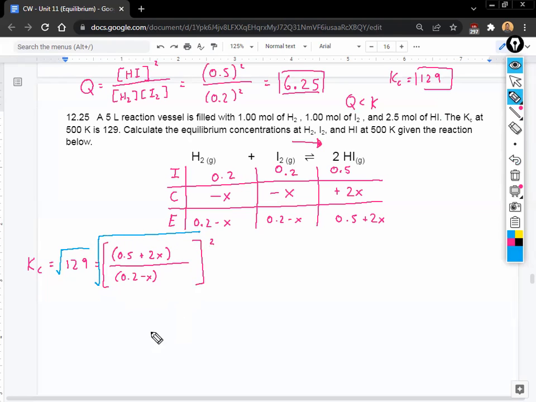And if we find the square root of both sides, we can simplify this as the square root of 129 equals 0.5 plus 2x divided by 0.2 minus x. So if we do that, we don't need to do the quadratic. It's just a very simple algebraic expression.